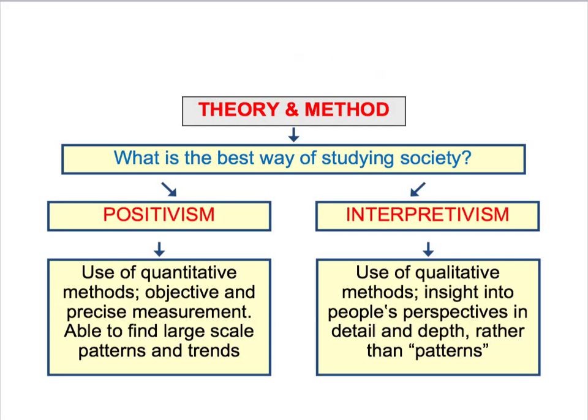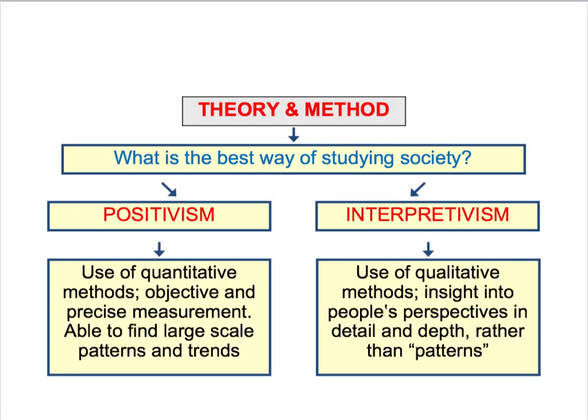You might remember a couple of screencasts ago, we talked about the debates in sociology about the best way of producing valid knowledge. We talked about a positivist approach to doing research, where sociology is modelled on the natural sciences. And we also talked about interpretivism, an approach to doing research where we're trying to understand groups using qualitative research methods. We're trying to understand how groups interpret and make sense of reality.